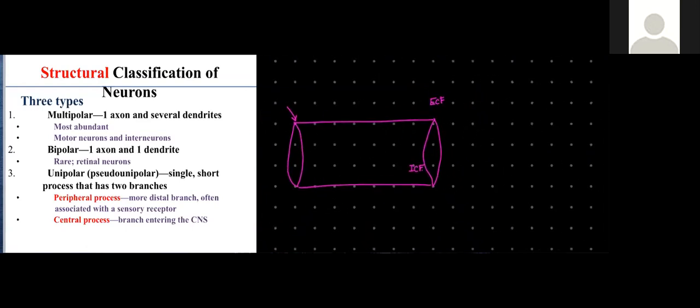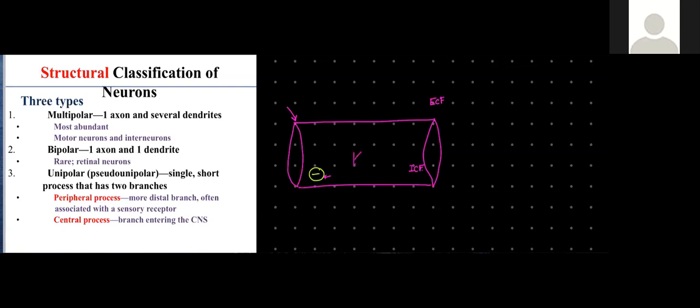If you remember, inside your cells, you're going to have much more anions, much more negatively charged ions compared to the outside. This doesn't mean that you only have negatively charged ions on the inside of the cells. This simply means that you have more negatively charged ions inside than outside.